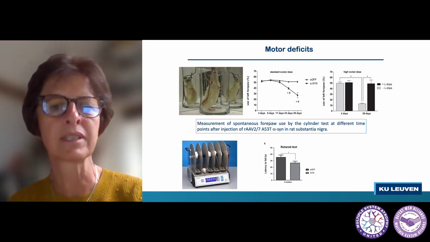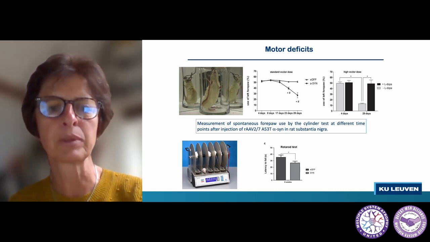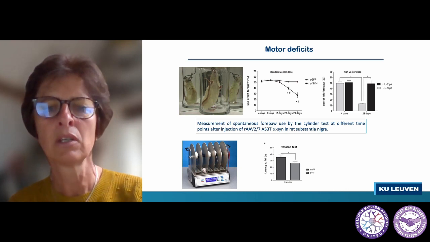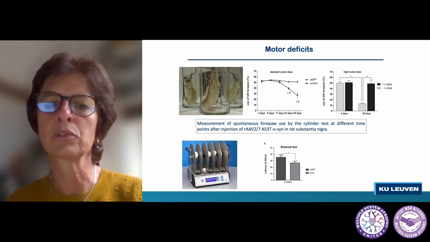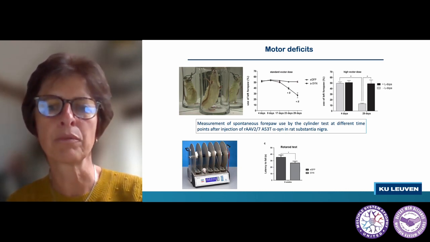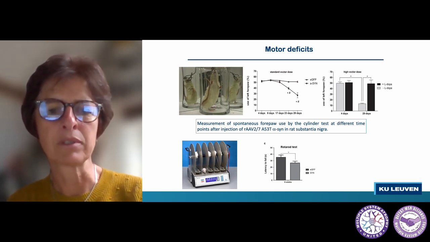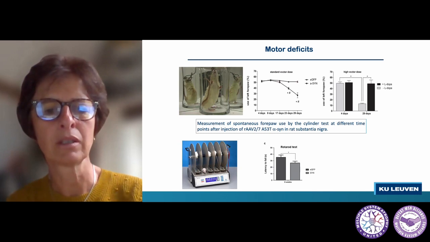And so there are different tests that have been developed to look at the use of the front paws. If there is a deficit on one side, you will see that the animal will use the contralateral paw less over time. Or you also have the rotarod, where the animals have to stay on a rotating wheel.